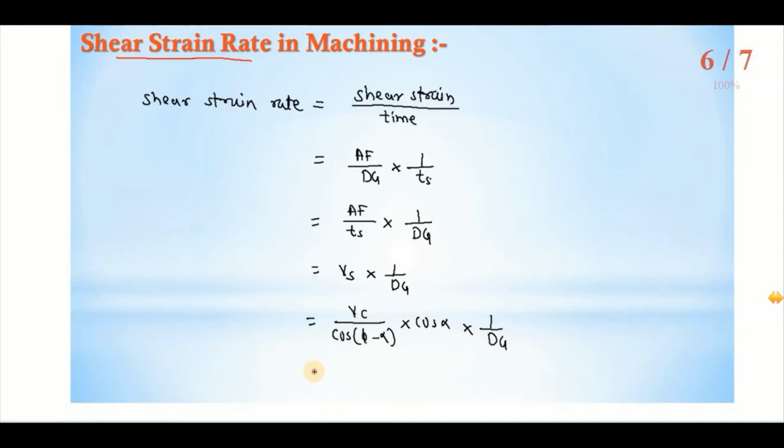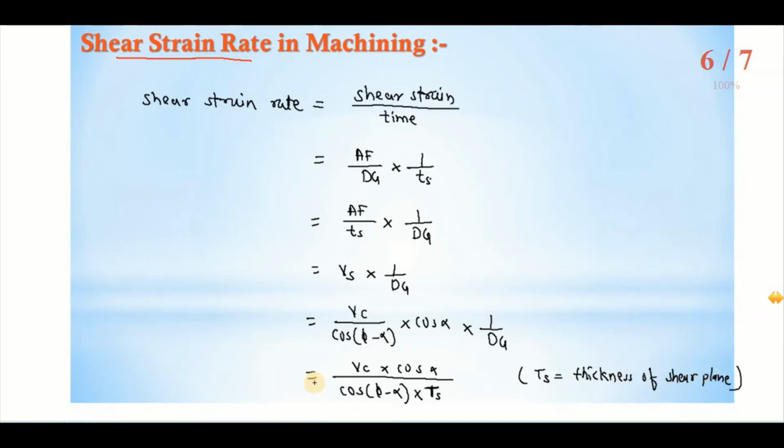So we can write here shear strain rate, that is Vc into cos of alpha upon cos phi minus alpha into thickness of shear, that we can write as Ts, where capital Ts is equal to the thickness of shear plane.